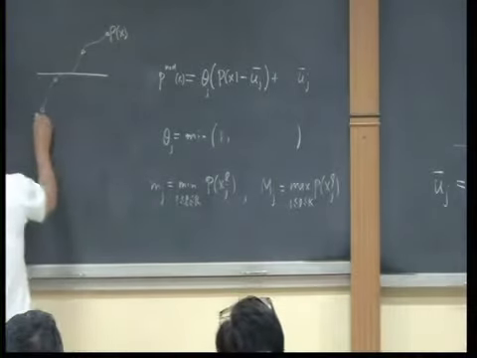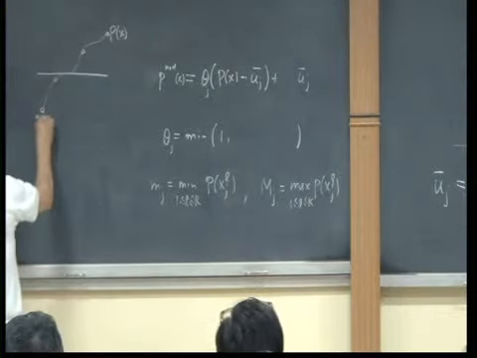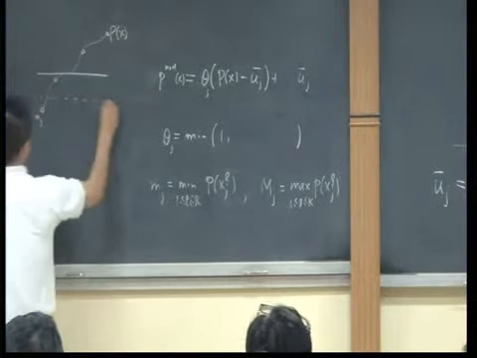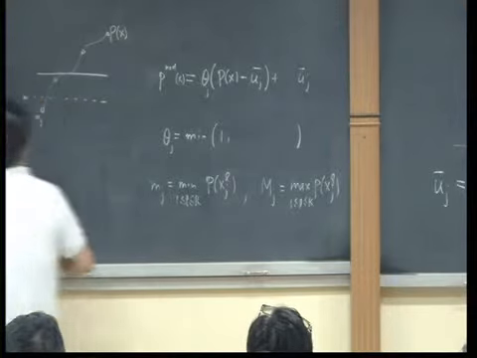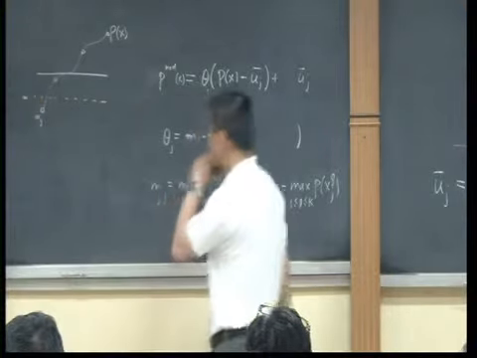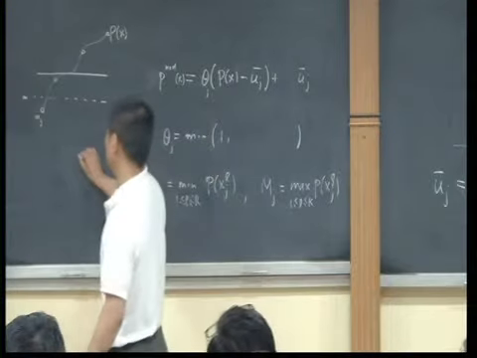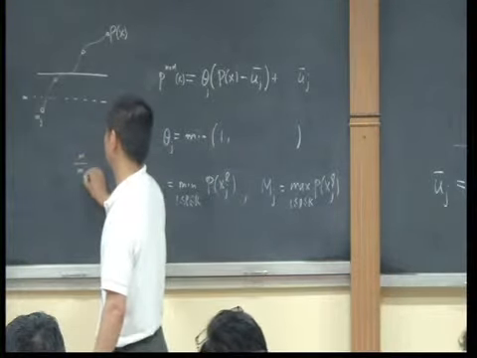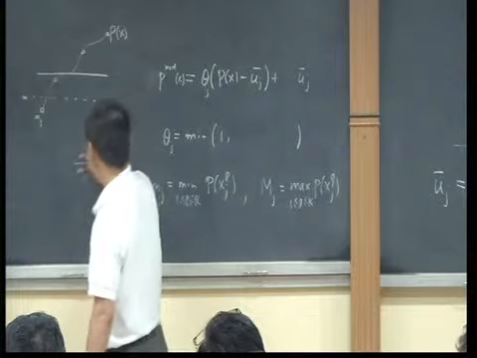If this is mj, and I have to bring it to m, then I should multiply this by m over mj, right? No, mj over m.